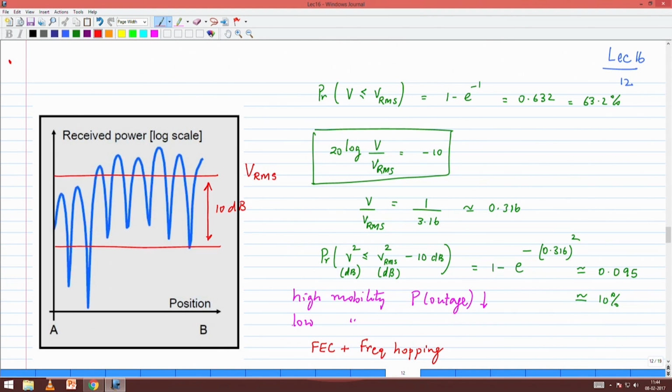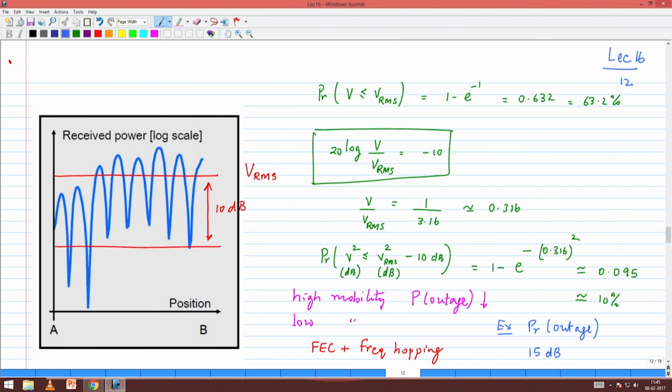Okay? So again, hope that you are starting to see the benefits of this type of understanding. So let me give you one exercise, as always, something for you to try out. Find out what is the probability of outage if I have 15 dB power margin.